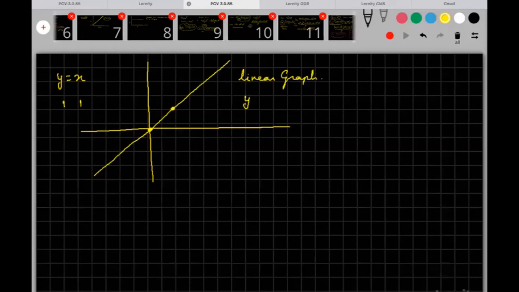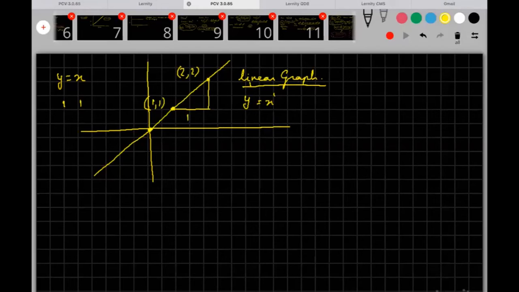Whenever y is equal to x power 1 or anything with x power 1, it's a linear graph. So this is the point 1, 1. This is the point 2, 2. So I can go this way, I can go this way. I see a nice triangle.